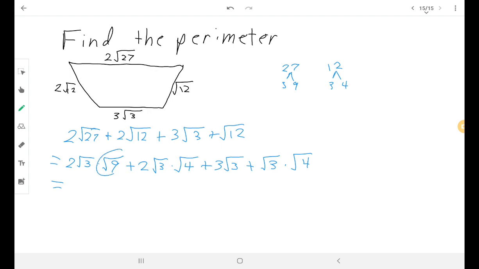All right, well, now I can start simplifying things like that, and that.